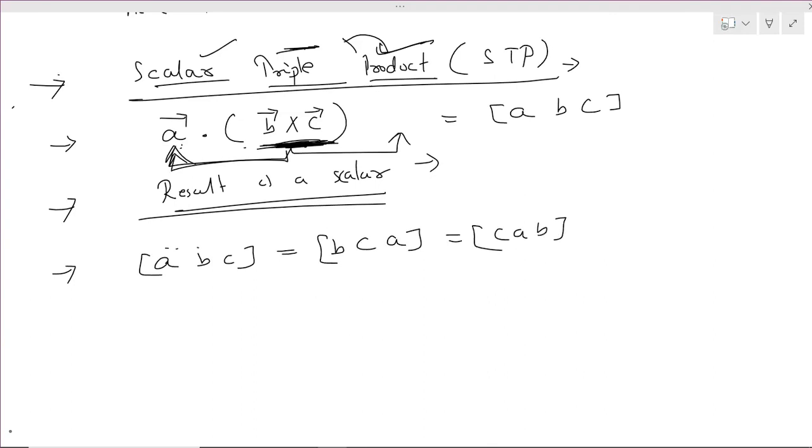If you move it cyclically, ABC, BCA, CAB, then all the box products will be equal. But if you change the order, ABC then BAC, then you have to use a negative sign.